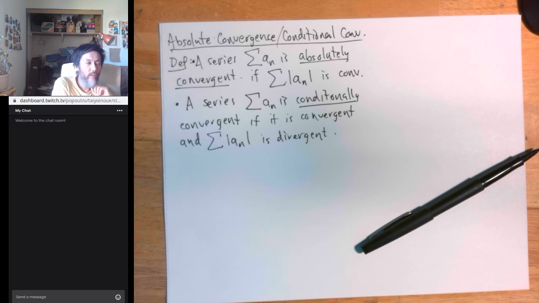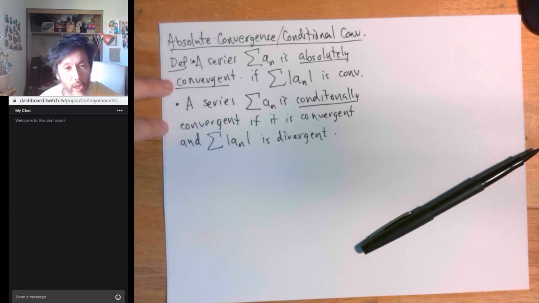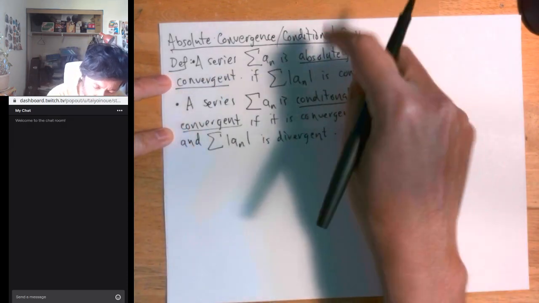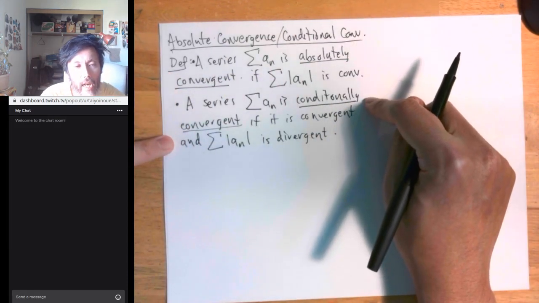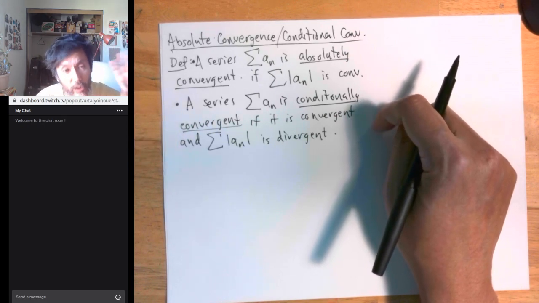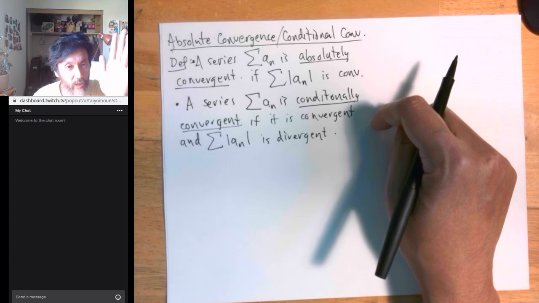So think about these two definitions and then think about the following claim that I'm about to make. The claim is that these two notions, absolutely convergent and conditionally convergent, cleave the space of convergent series into two parts.